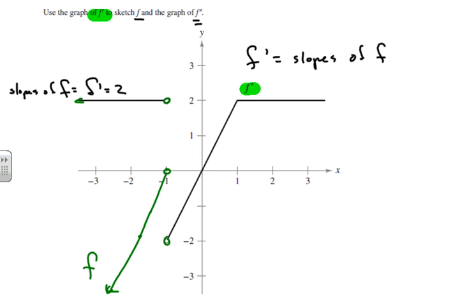Now from here, we look at this next section of the graph, and you notice that f prime has a bunch of values, but they are positive. So f prime is positive. Up here, f prime is negative. So what does that mean? Well, when f prime is negative, that means that f is decreasing on this interval. And when f prime is positive, that means that f is increasing on this interval.